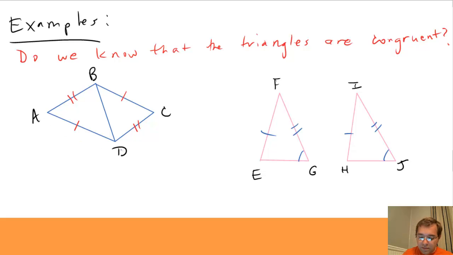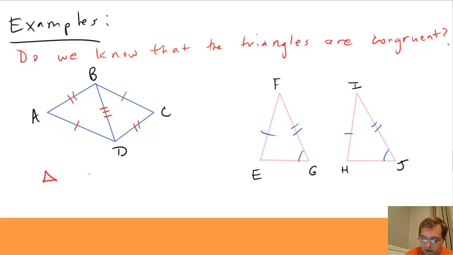We also know AD is congruent to BC, and we know AB is congruent to DC. So we have really three pairs of congruent sides, where BD is congruent to itself in the middle there. So, do three pairs of congruent sides give us congruent triangles? It does.